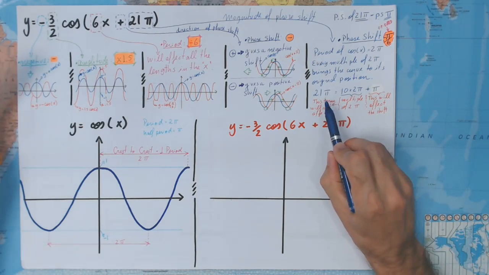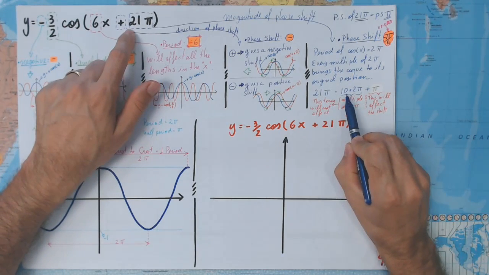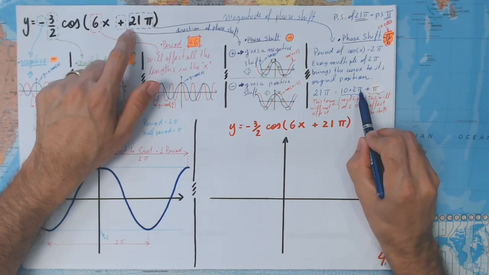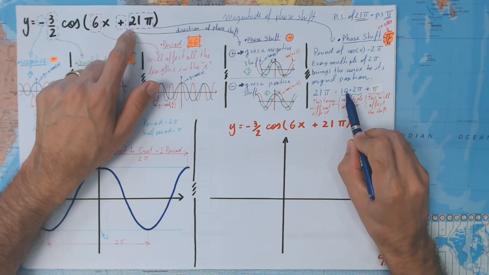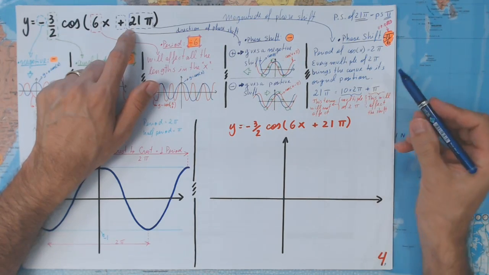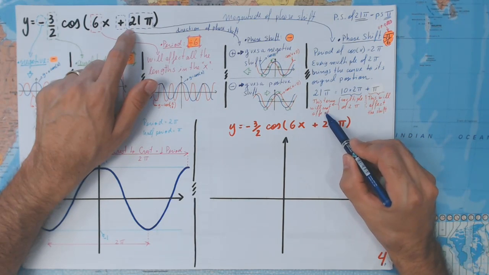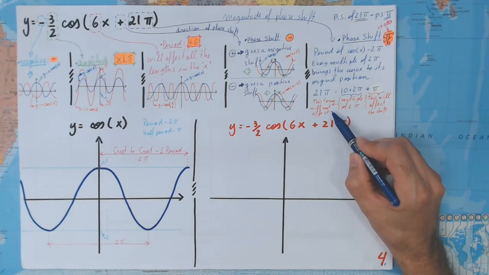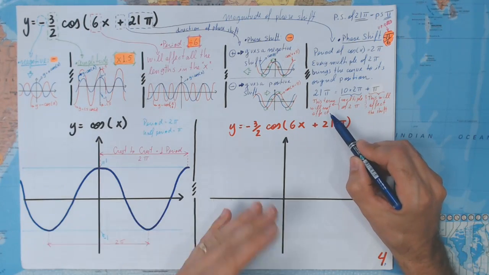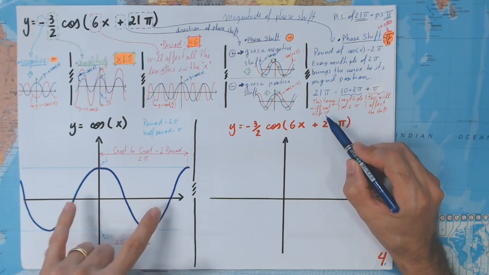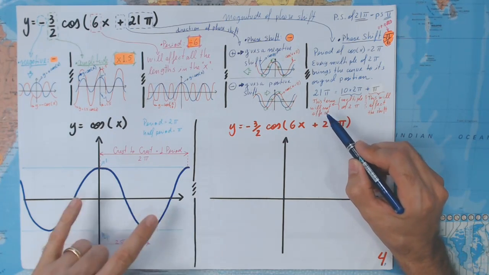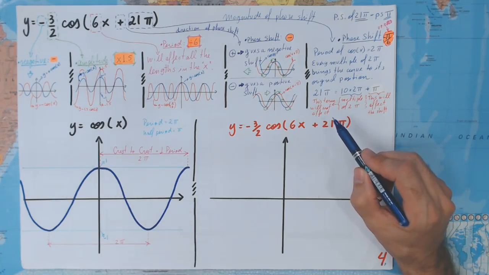That's why I wrote in here 21 pi equals a multiple of 2 pi, in this case 10, plus pi. We don't have to worry about this multiple of 2 pi because this term is not going to affect the period, okay? It's not going to affect the charting itself. Why? Because everything is going to land in the same place.